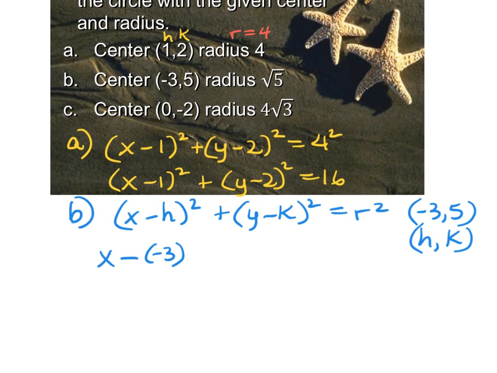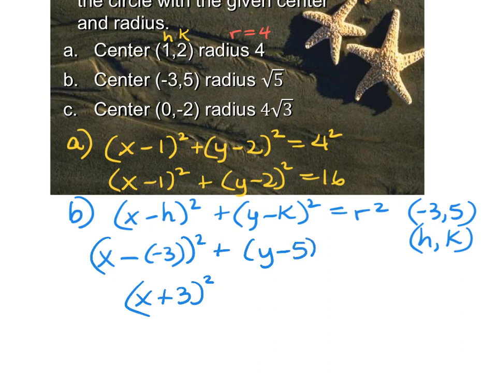So realize when you put in a negative number from your center point, this is really going to turn into an x plus 3 squared. So when you have a negative number in your coordinate for your center, it'll end up being a plus sign in the formula. And now the k is positive, so it's just y minus 5.